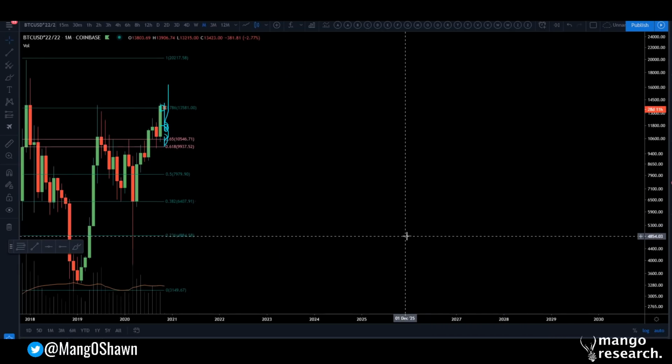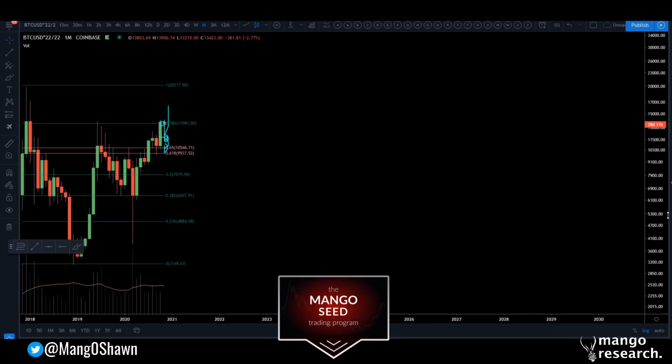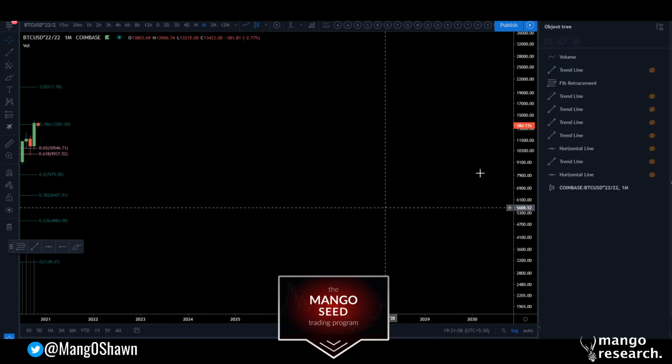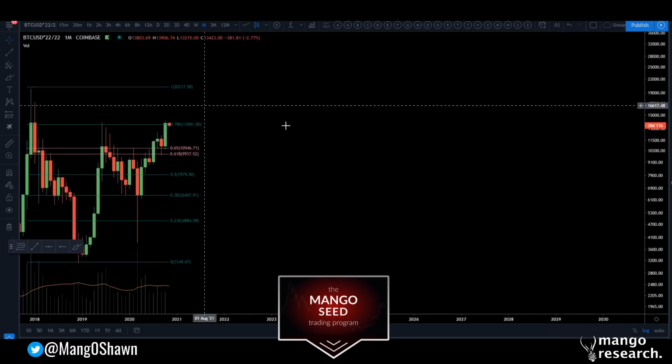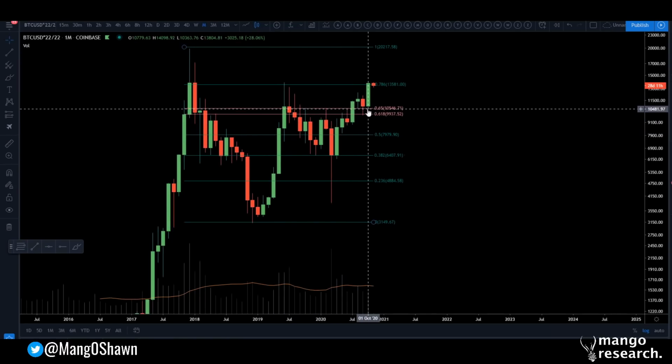Remember, patience has been the name of the game over here at Mango and has paid off for us drastically, right? Let me delete these scribbles so you guys can see what's going on with the fibs. Okay, right over there. So you can see how we accumulated along this pink zone over here.